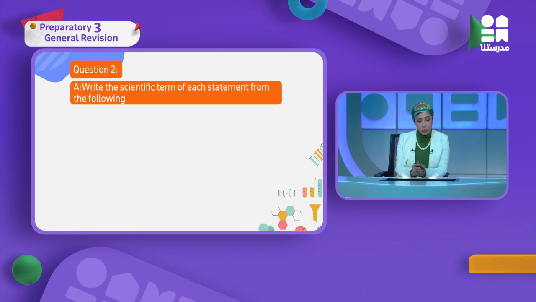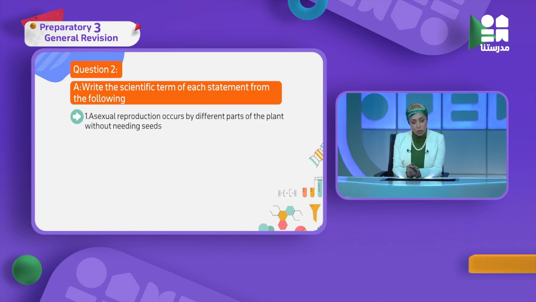Another type of question: write the scientific term of each statement. The first: asexual reproduction occurs by different parts of the plant without needing seeds. This question is very easy if you answer it according to the guiding words.